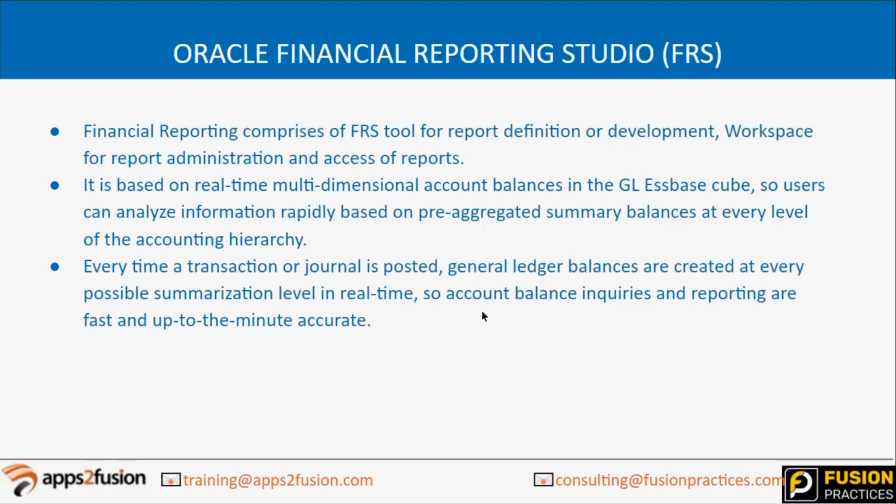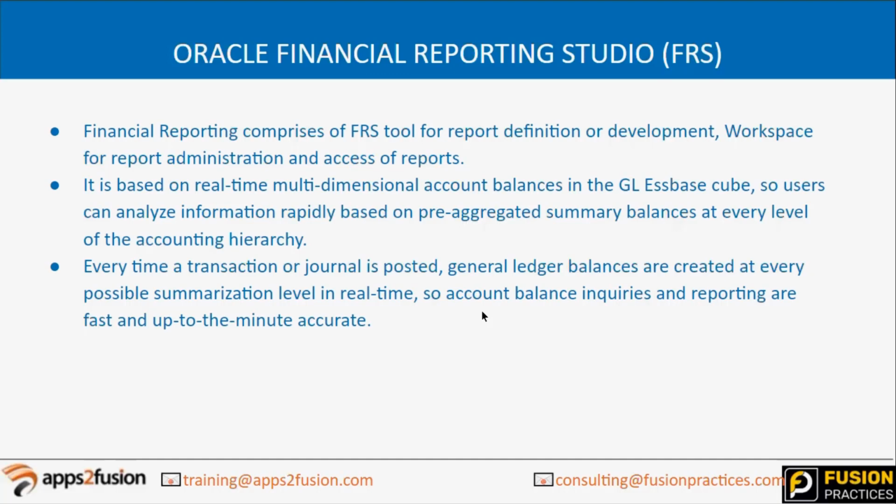Since this is multidimensional, it will directly go to the specific cell with the dimension values that you have mentioned. For example, if you have mentioned a code combination for legal entity 101, company 002, and intercompany 001, what is my balance amount, and what is my respective accounting period.